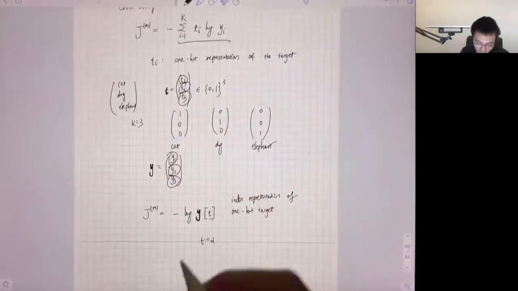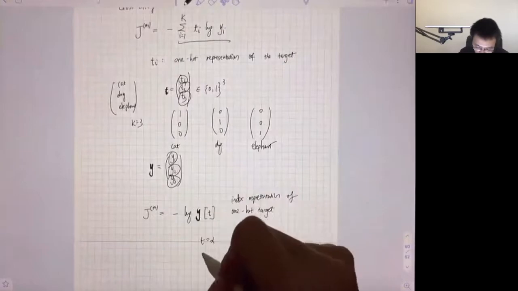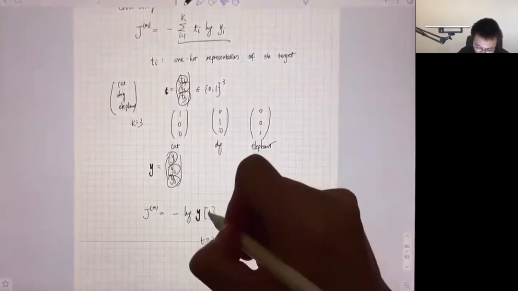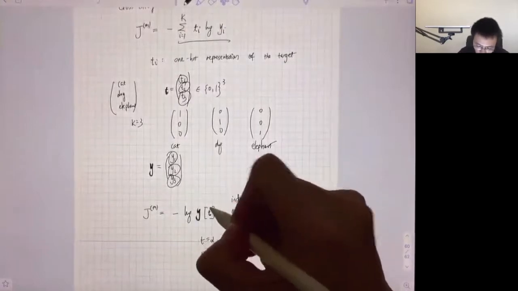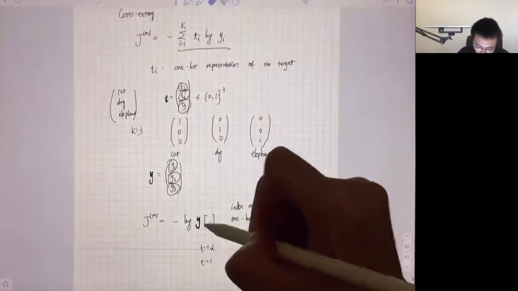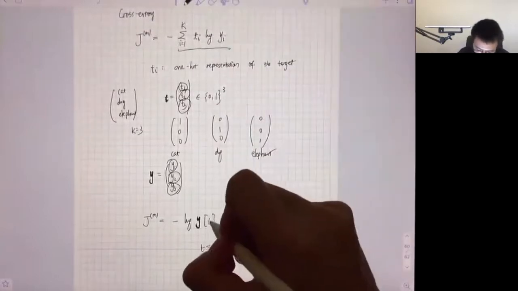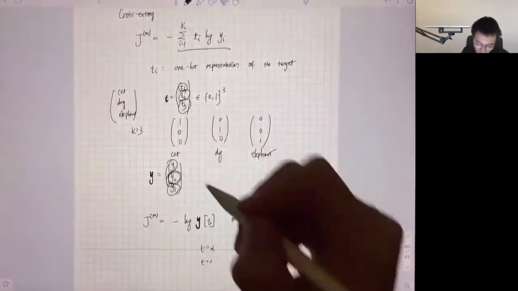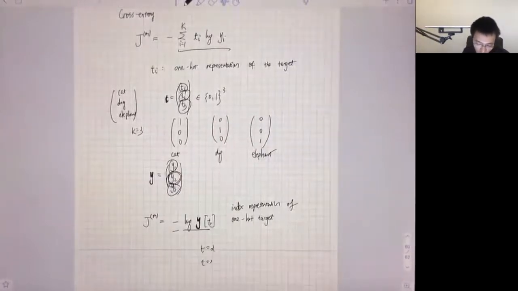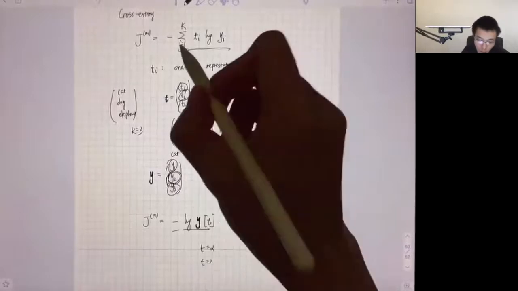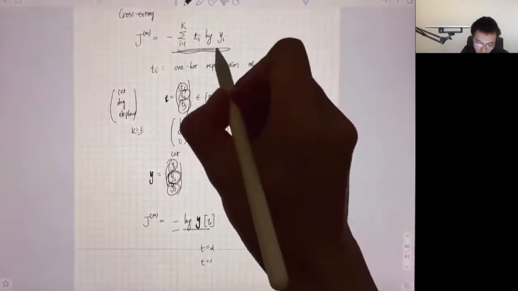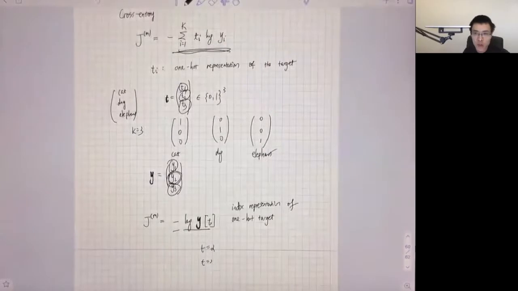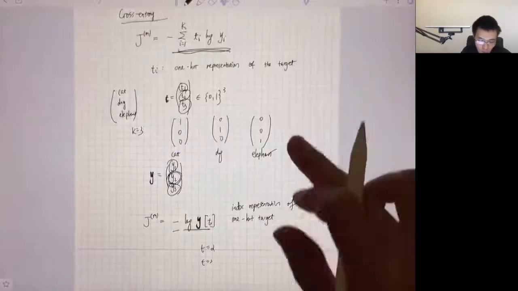If it's an elephant, then my t is 3. The non-bold t, the usual font t, is just the index of your target. Now y is a vector, so you just take out this term and take the minus log, then it's the same as this term. Basically you have K terms here, and K minus 1 terms are 0 for a one-hot target. So this is the cross-entropy loss for the softmax.